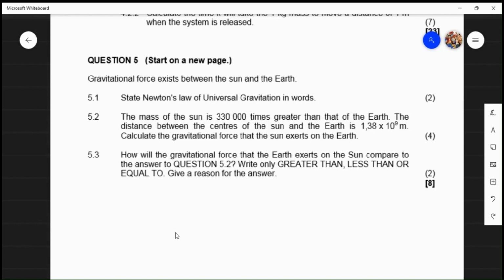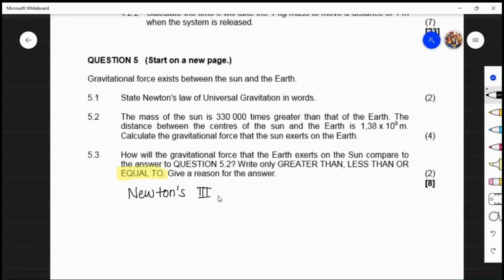So in this particular case, our answer is going to be equal to, and the reason for that is because of Newton's third law of motion. Because the force that the sun exerts onto the earth is equal to the force that the earth exerts onto the sun.